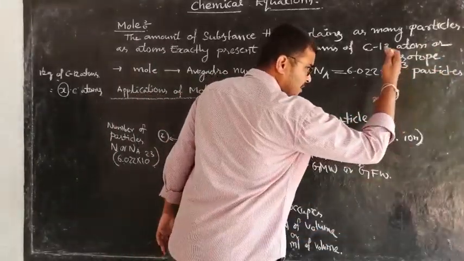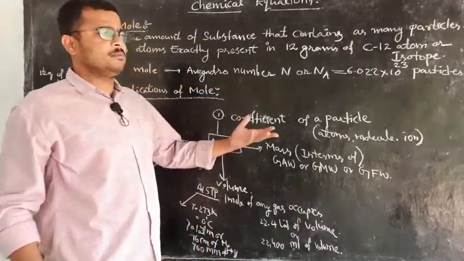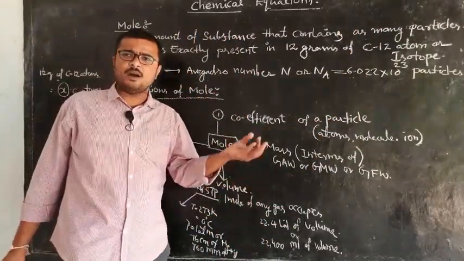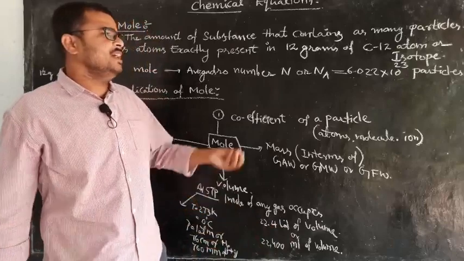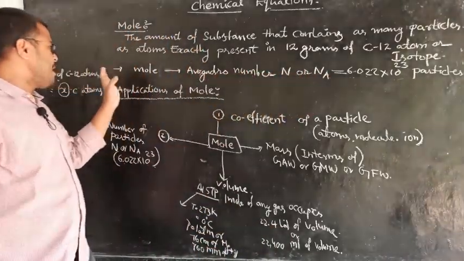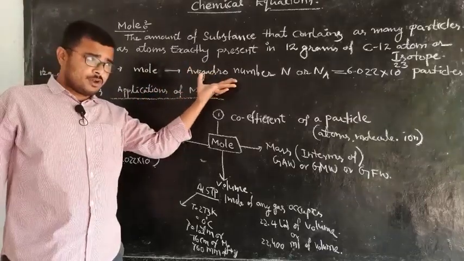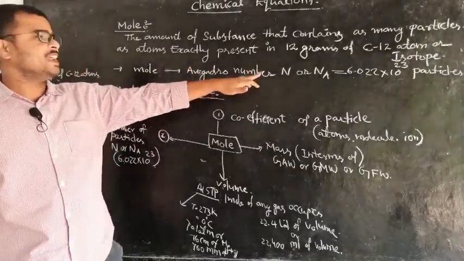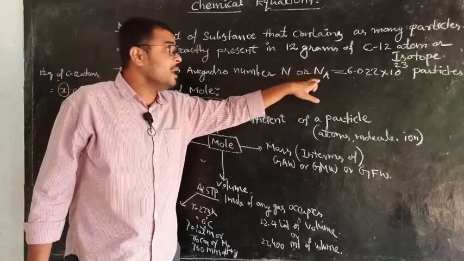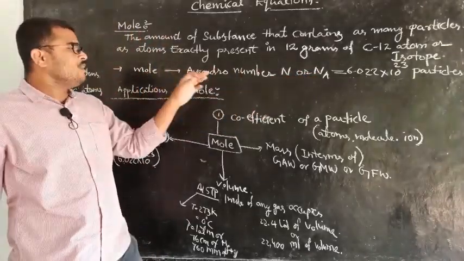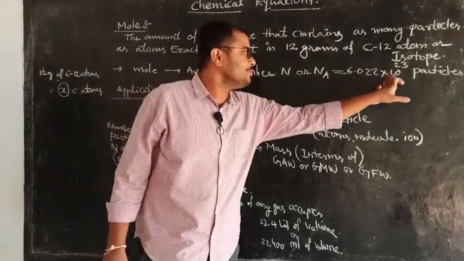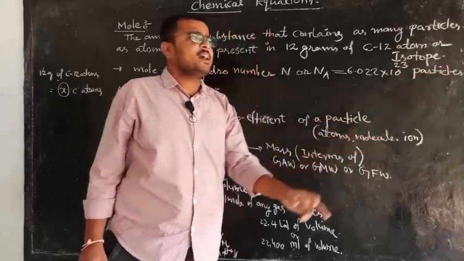Particles means whatever it may be: atoms, ions, molecules, electrons. Explaining once again, mole is nothing but the Avogadro number. The Avogadro number is indicated by capital N or NA. The value of mole is 6.022 into 10 to the power of 23 particles.